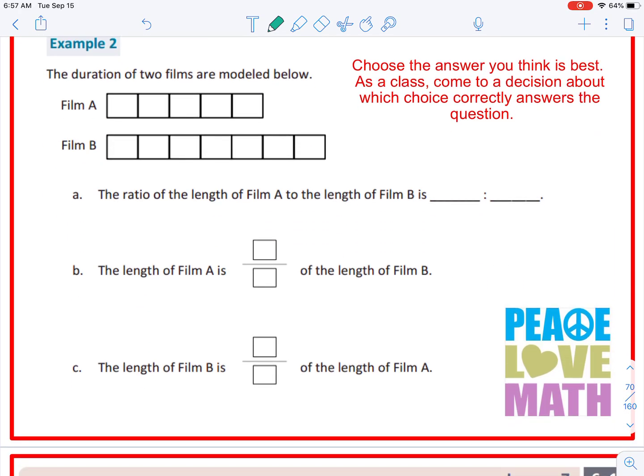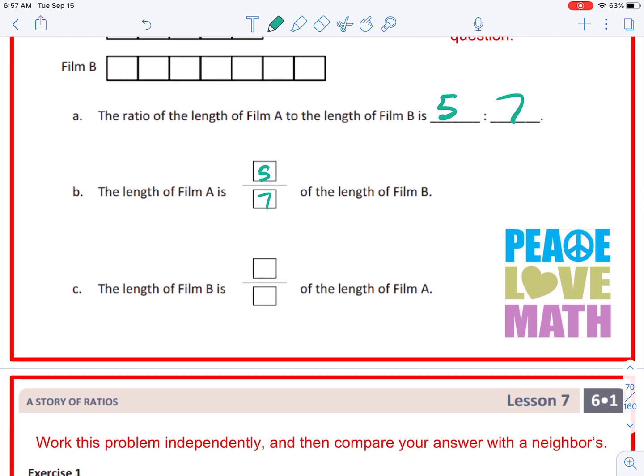Example 2, the duration of two films are modeled below. Film A has 5 units, film B has 7 units. So letter A tells us the ratio of the length of film A to the length of film B is 5 to 7. Letter B says the length of film A is 5 over 7 of the length of film B. So 5/7.